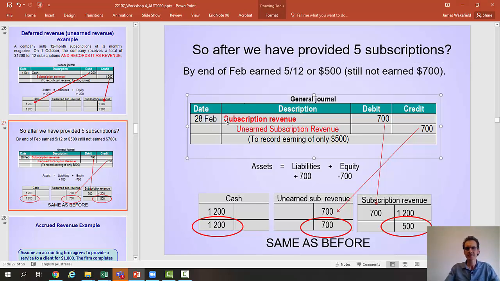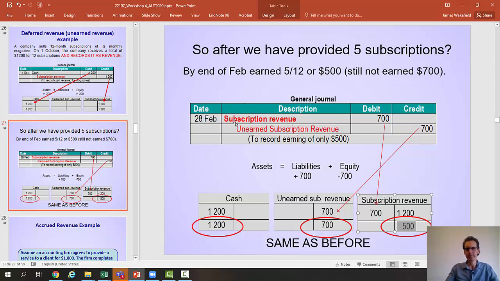So you debit subscription revenue by $700. That reduces the subscription revenue T account of $1,200 down to $500. So $1,200 credit balance when the transaction was originally recorded minus $700 reduction gives you a $500 balance. And therefore, through doing that adjustment, we have actually recognized the correct revenue earned over the 5 months to the end of the financial period.